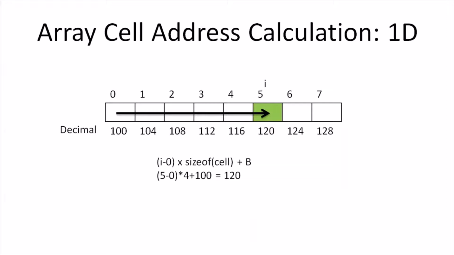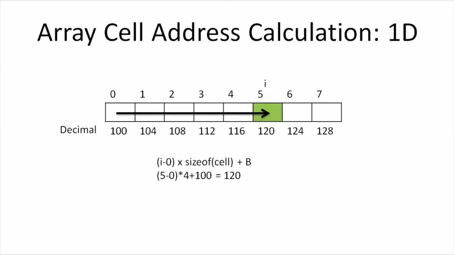In order to calculate this address, what we actually had to do is find the difference between the lowest index and the ith index of the cells and then multiply it with the size of each cell. Here, multiplication of the difference value with the size of each cell gives the number of bytes that we need to traverse from the base address in order to reach the ith cell. Hence, the address of the ith cell will be obtained by adding the base address to this.